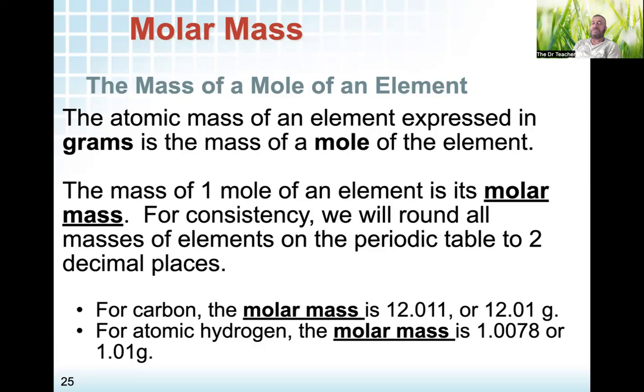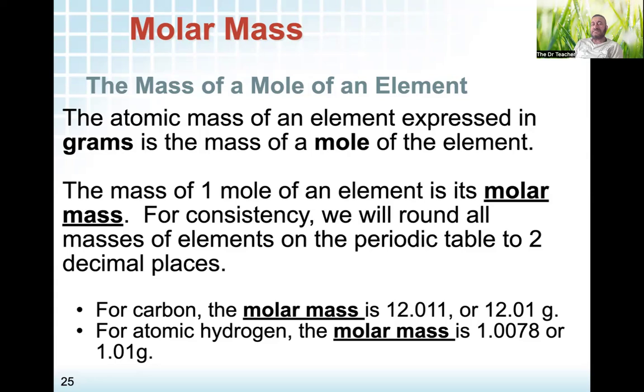We can weigh elements in grams, and the mass of 1 mole of an element is its molar mass. So now you can go with the mole and weigh the mole in grams. What is the conversion between mole and mass? It will be the molar mass.